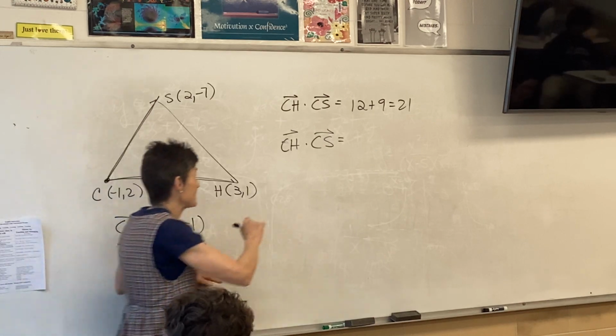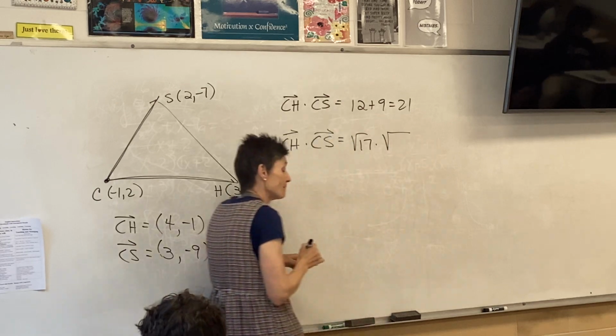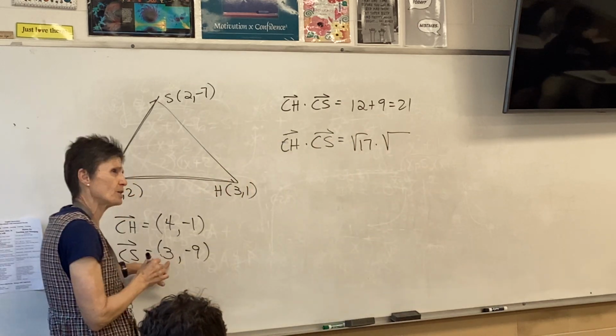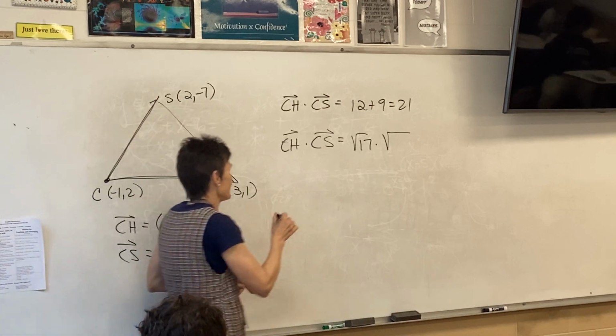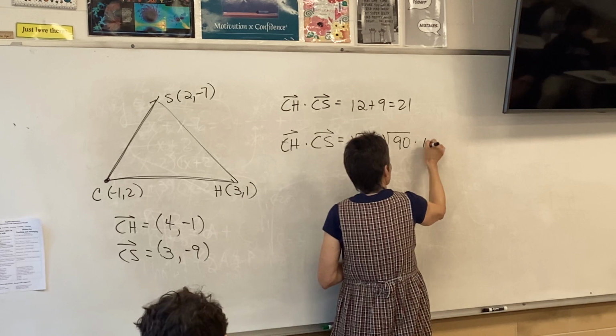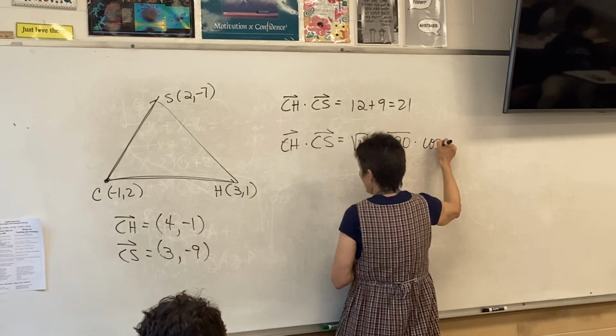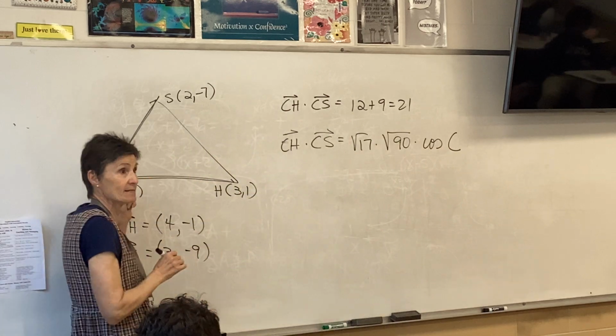Root 17, times the magnitude of the second vector, which is root 90, and you don't need to simplify that, just leave it root 90, times the cosine of the angle between the vectors, which would be angle C this time.